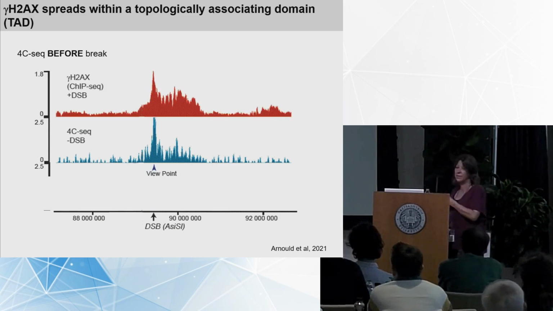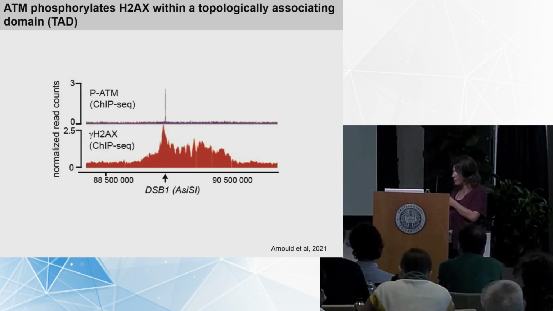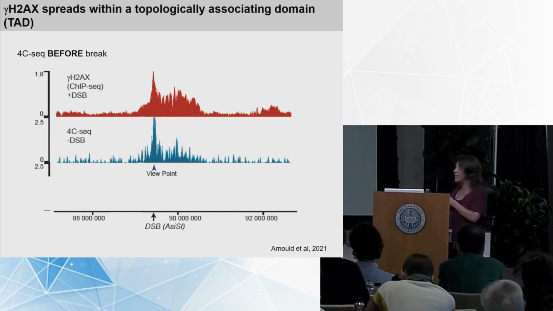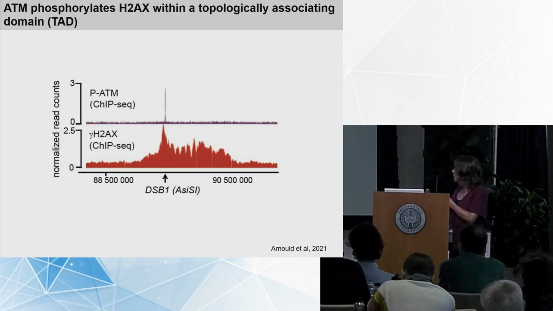And she performed this 4C-seq before any break induction, and I hope you can appreciate how similar it is to the gamma H2AX spreading after break induction. So basically we knew that gamma H2AX was spreading within the chromosome structure. This is the case for gamma H2AX, but when you look at the kinase that is phosphorylating H2AX, the activated kinase, phospho-ATM, you can see that the kinase is not able to spread.